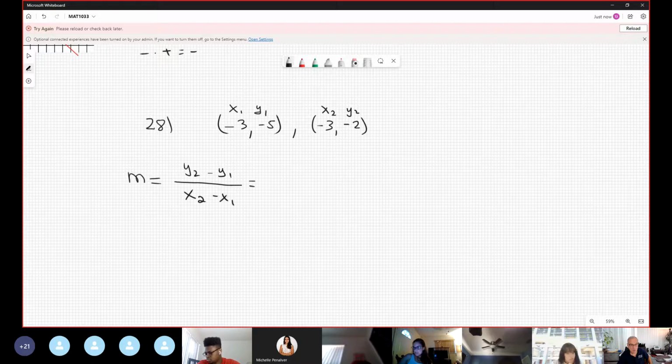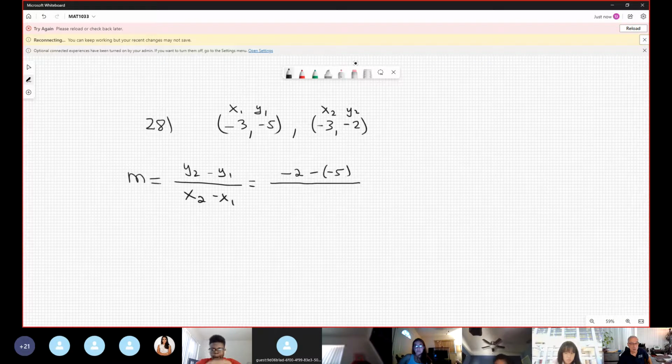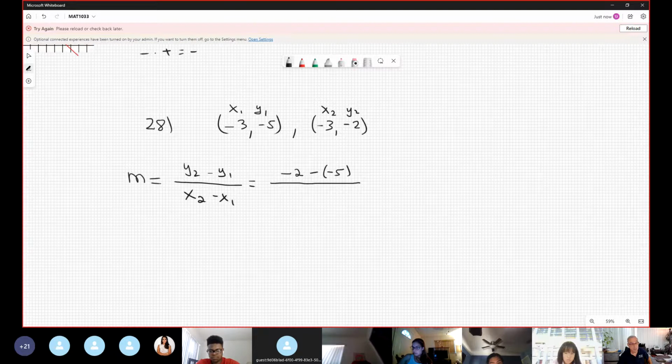Who help me, guys? Who is y2? Y2 is negative 2. Minus, who is y1? Negative 5. You prefer put the parenthesis at negative 5 or directly you put positive? Positive. Me too. Because I realized, wow, double negative become positive.